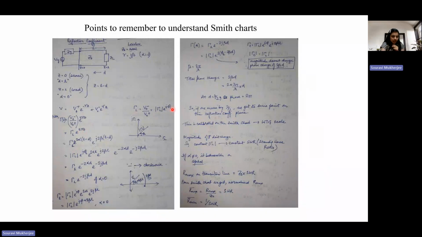Okay, so if you say that at the start, the value is something like gamma L into e to the power j phi L. So if that is your starting value of the reflection coefficient, then if you write it here, as you go along the transmission line, you would have new phases coming in, and there'll be new contributions also into the amplitude because of your loss, which is taken care by alpha. Okay, so this will be how your reflection coefficient will change as a function of z.